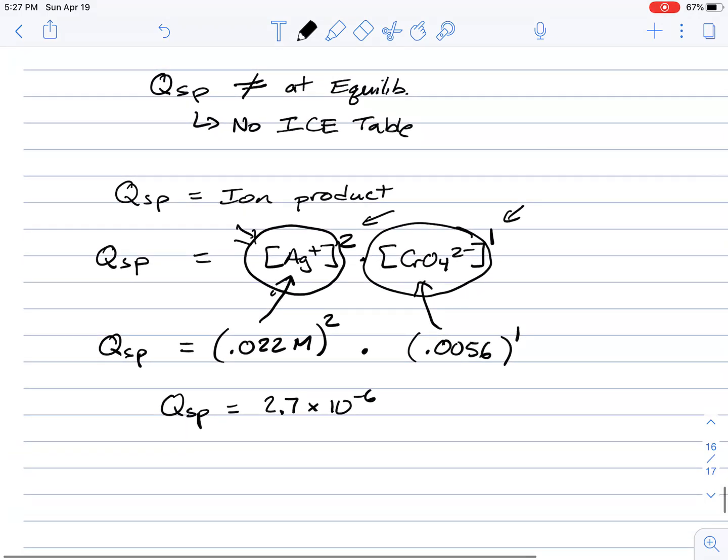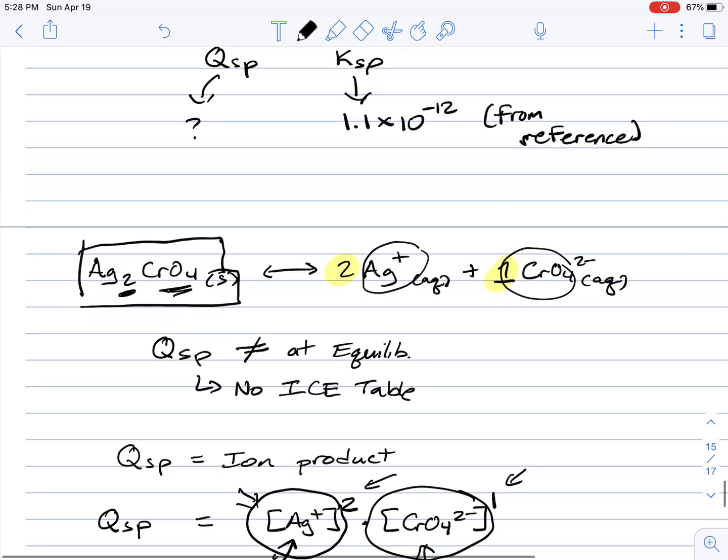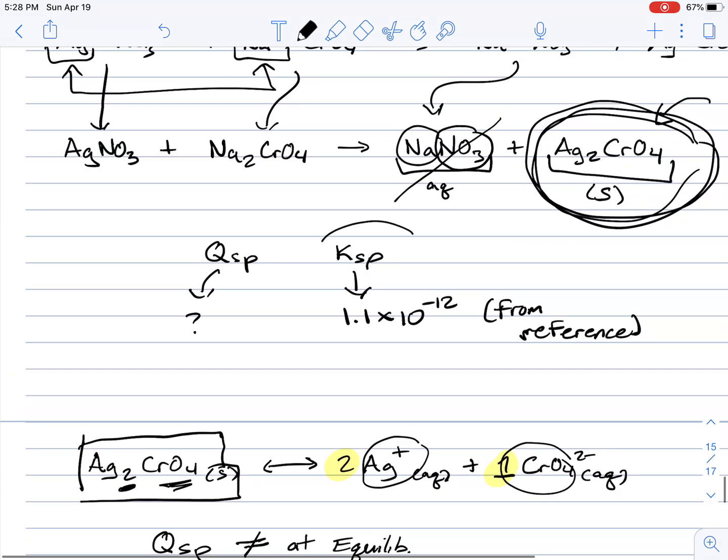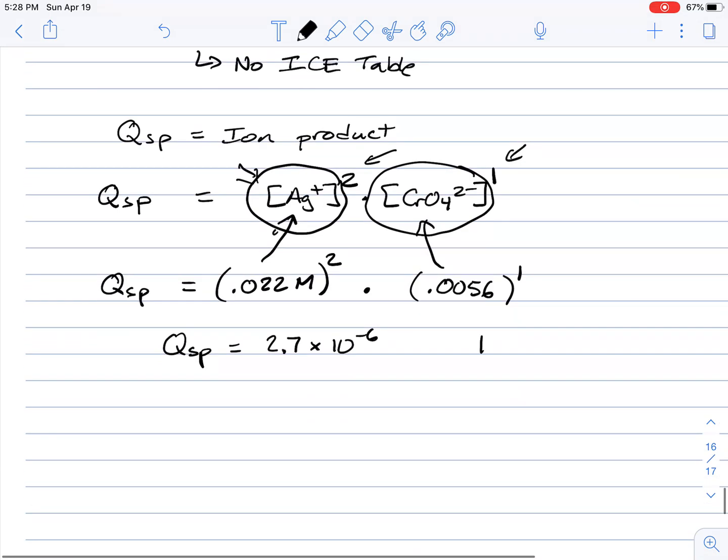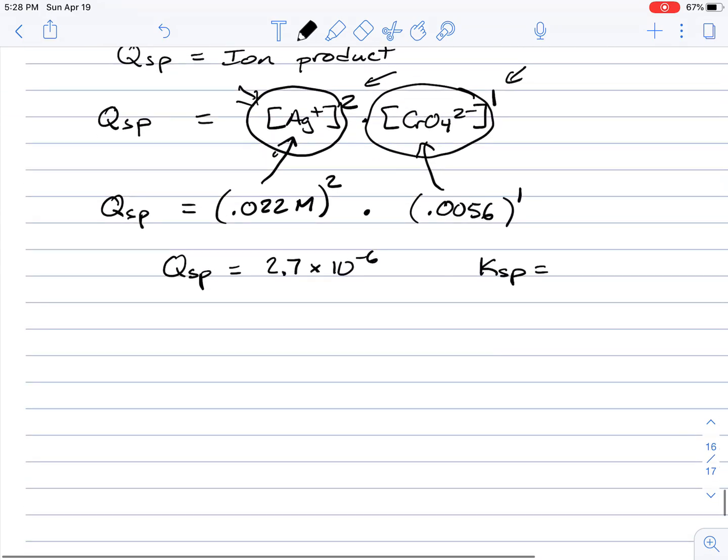And so now that I have the value for Qsp, I'm going to compare that to my reference. My Ksp is equal to 1.1 times 10 to the negative 12. And so now that we have Qsp and Ksp, how will we determine if this solution will precipitate or not?